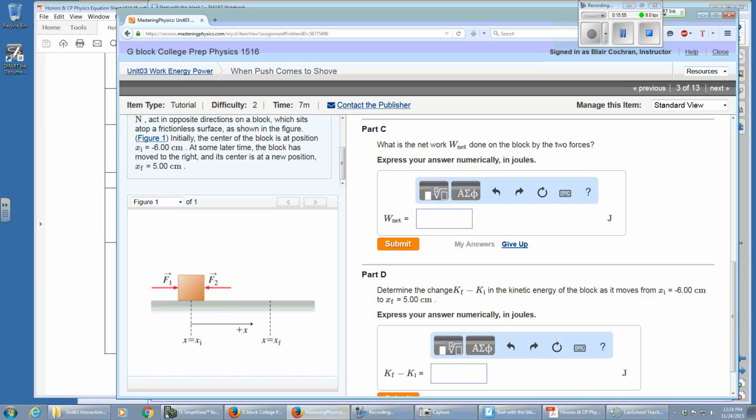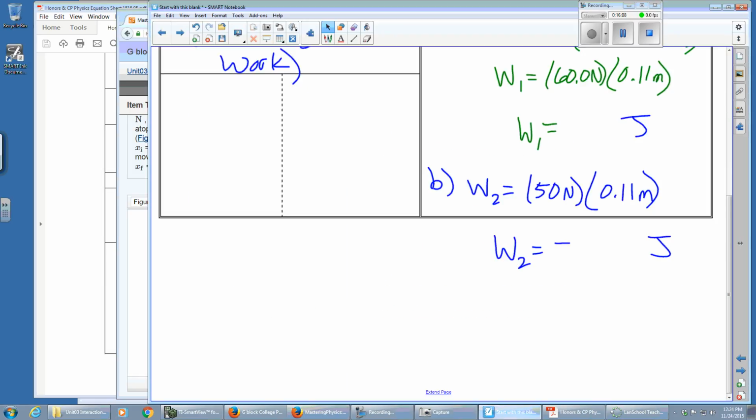Add them together, which is going to end up being a subtraction, because one's negative. So take your answer for A and add it to your answer for B, and you get your answer for C. So we'll write that up. Part C, W1 plus W2 equals W net.